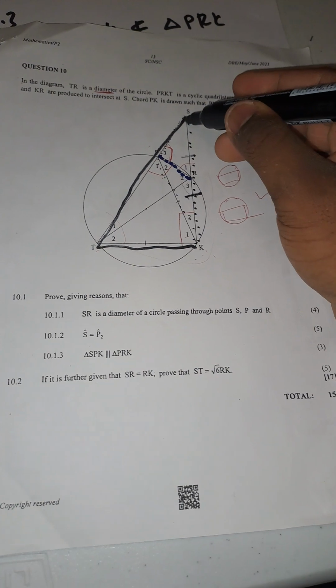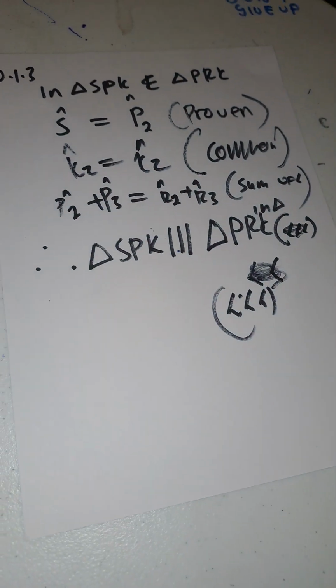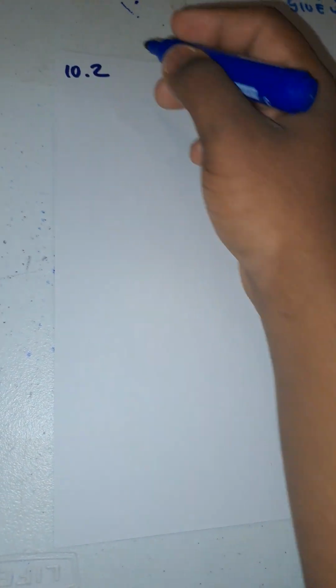Alright, let me change papers. So now please be careful on this one, and please listen to me attentively, guys. I'm begging you, because this is going to be a very long calculation, but it's the only way.